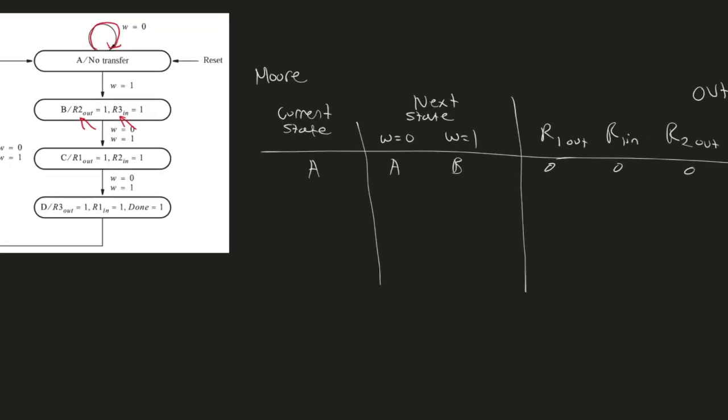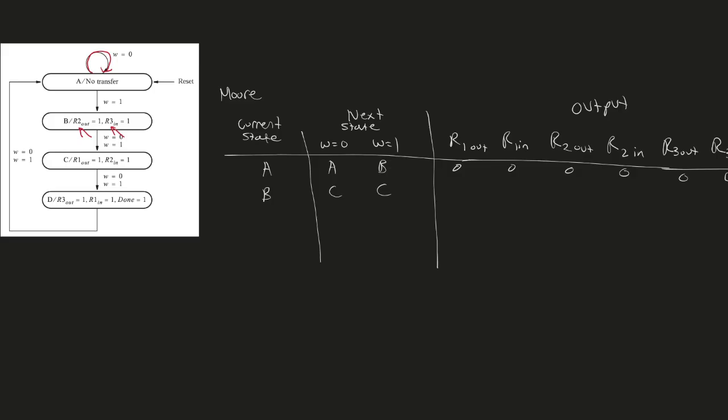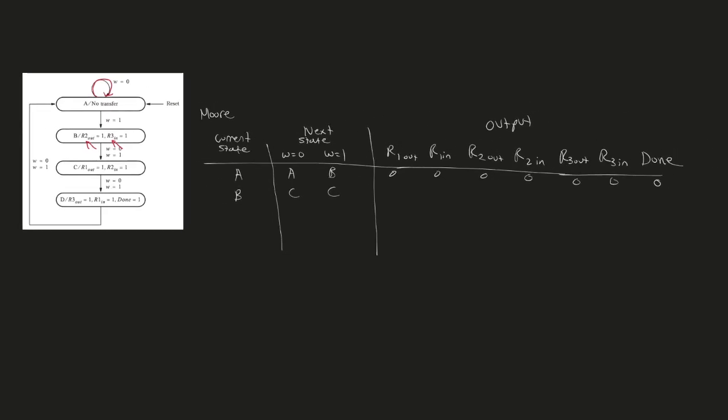Okay, so now when we're in state B, when W equals 0 or W equals 1, we go to state C. Our outputs: we see R2 out and R3 in are 1. So R2 out will be 1 here and R3 in will be 1 here, and everything else will be 0.